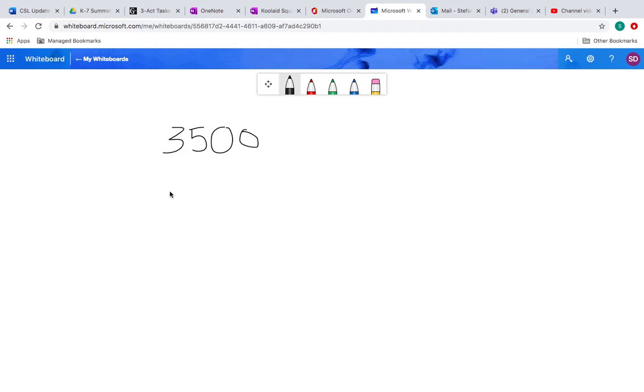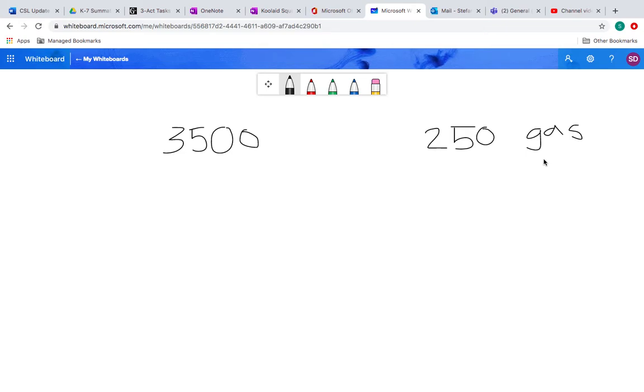And we need to find out what percentage of our whole do we allocate for each expense. So if we had $250 for gas, what is the percentage of $3,500 that we're spending on gas?